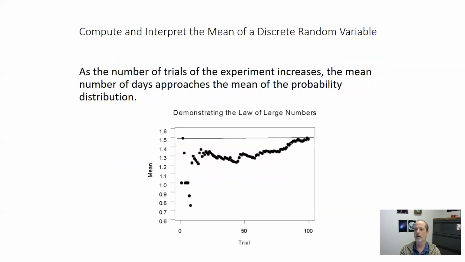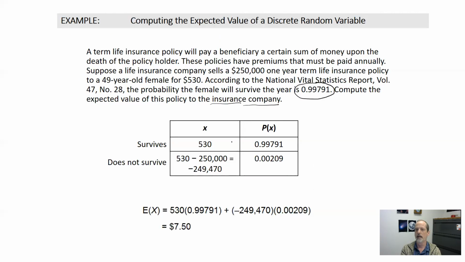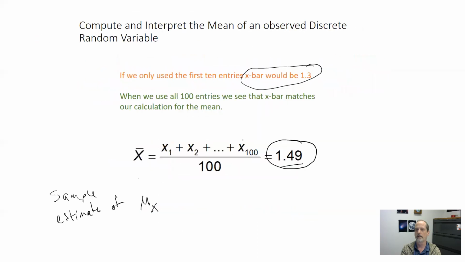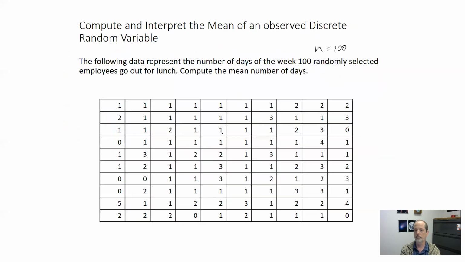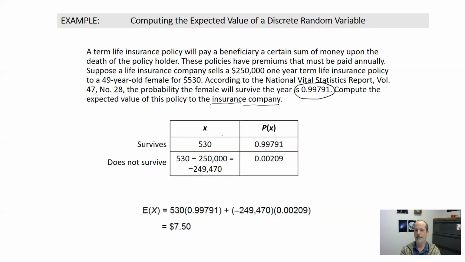One is the law of large numbers. So they need to cover enough people so that the law of large numbers guarantees them that they're going to make their expected value. And then we also have to use our calculation here for the expected value of the discrete random variable. So let's get back to this information.